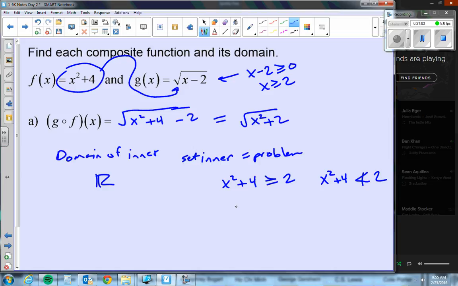And so the lowest this could ever be is 0. I mean 0 plus 4 is 4. There's never going to be a problem. It'll never be true that this is less than 2, will it? So what's the domain? When do you have a problem? Never. So the domain is all real numbers still. I'm saying the answer is that the domain for this problem is simply all real numbers.